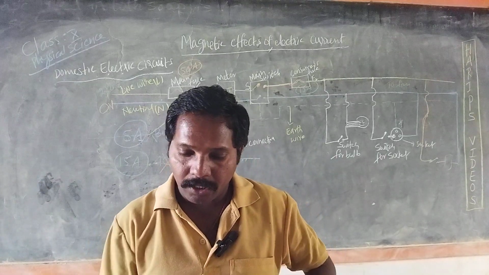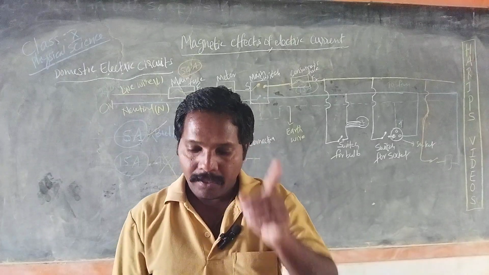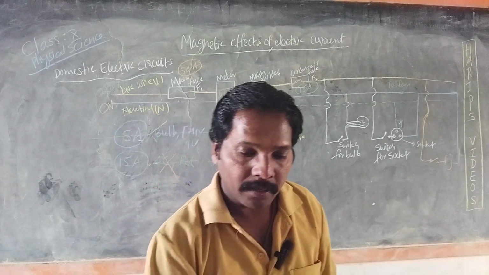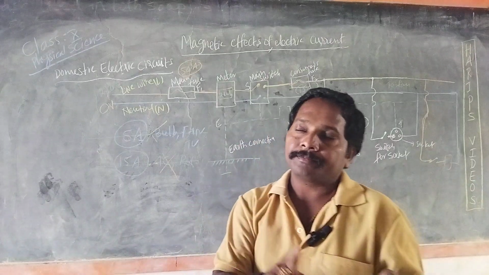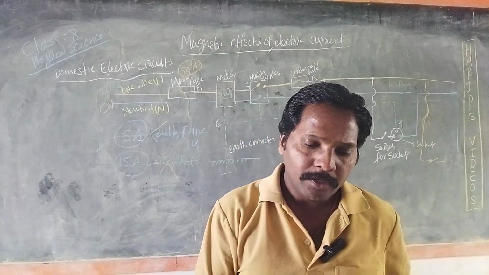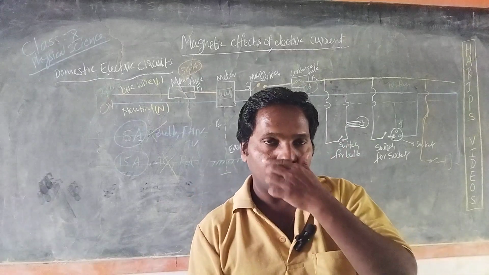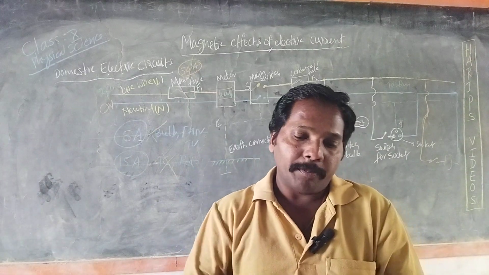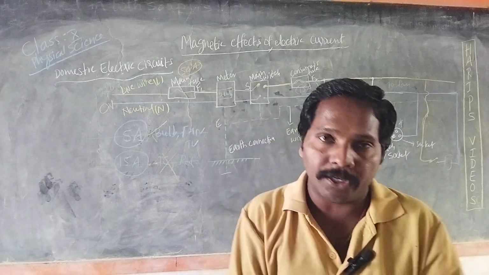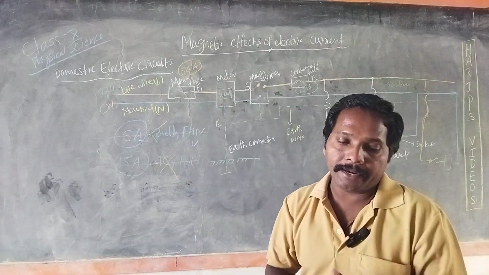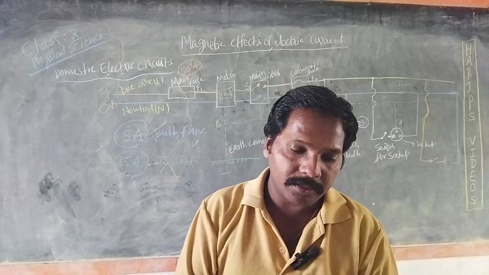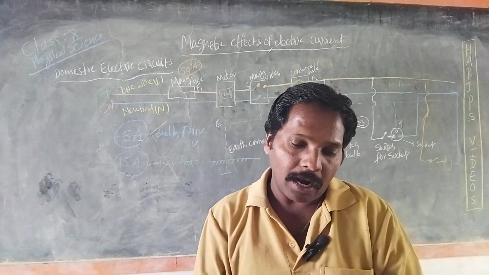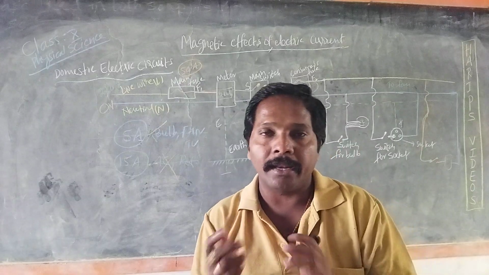In order to work, an electrical appliance like an electric iron, electric kettle or a room cooler needs two wires of the supply line, the live wire and the neutral wire. Sometimes due to wear and tear or excess heating, the plastic covering or the insulation of the connecting wires gets removed, gets burnt, and the live wire becomes naked.